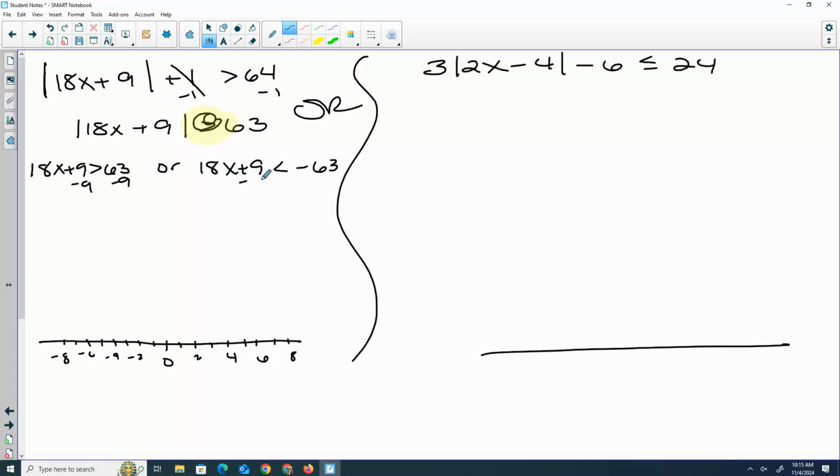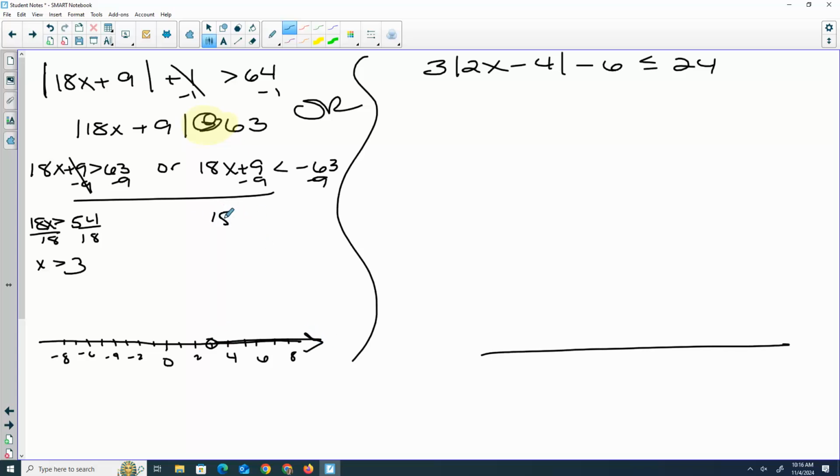Subtract our 9's. 18x is greater than 54. Divide by 18, and x is greater than what? 3. So greater than 3. Open circle at 3, going to the right.